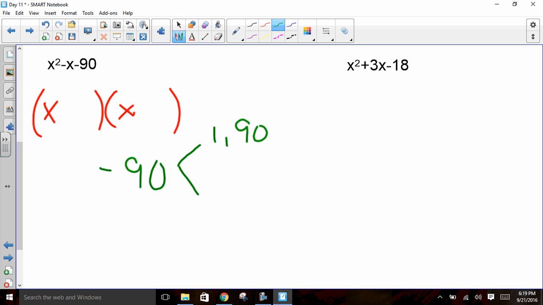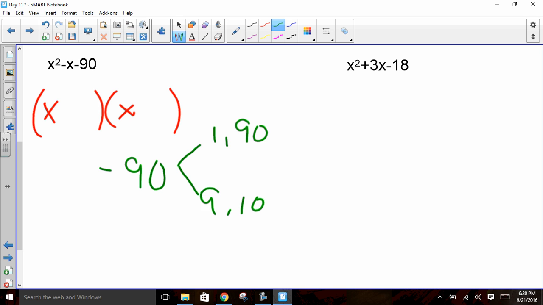So if I want to get to a negative 1 or a positive 1, that means my values are very close to each other. They're only one number away. So do you know any two numbers that multiply into 90 that are only one number away from each other? Yeah, 9 and 10. Because 9 times 10 gives me that 90. Now this is the part that we need to really work on.